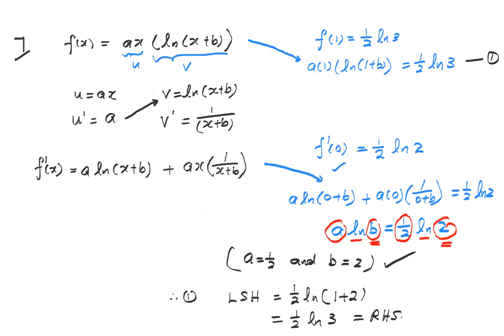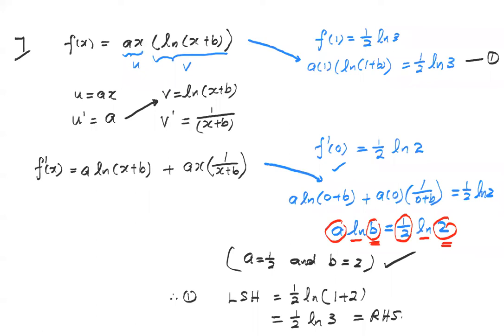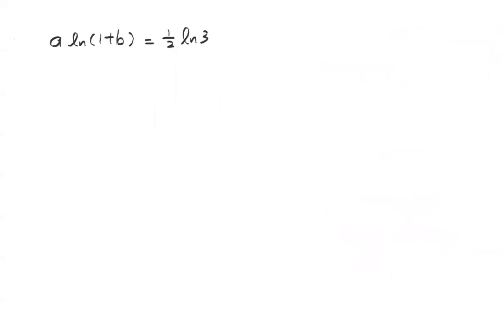You want me to show you algebraically how I solve this? Okay. So I have equation A ln 1 plus B is equal to half ln 3, and the other one is A ln B equal to half ln 2. Okay, you see how I do?